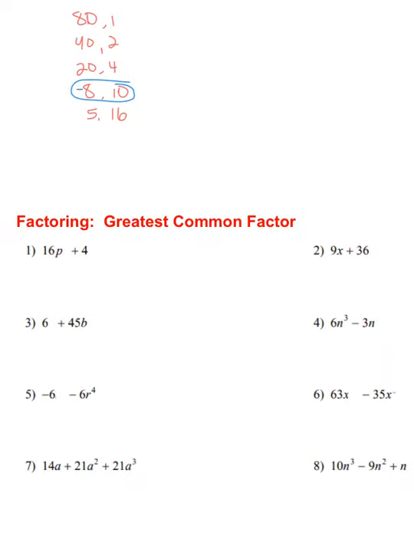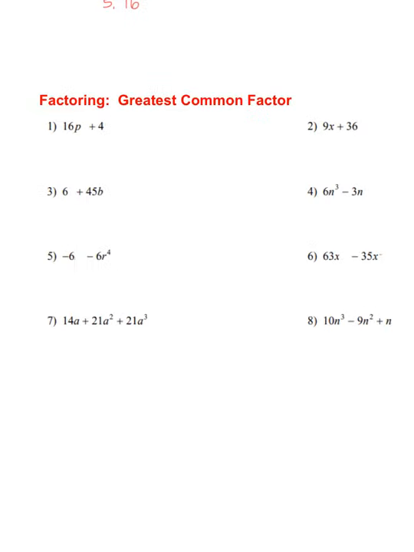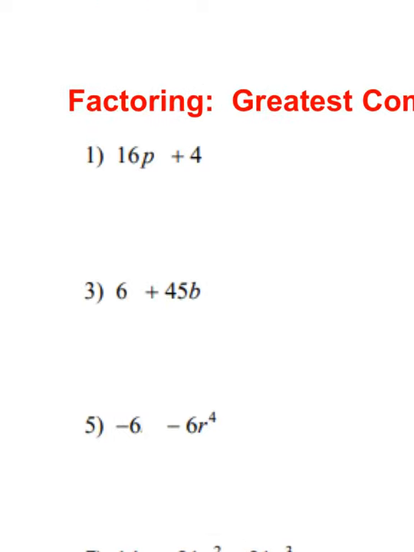Then we're going to look at what's called greatest common factor. I'll do about half the problems and you'll do half the problems. In a greatest common factor situation, you're looking for a number that everything has in common that you can divide or take out of them. So for example, in problem 1, 16p plus 4.